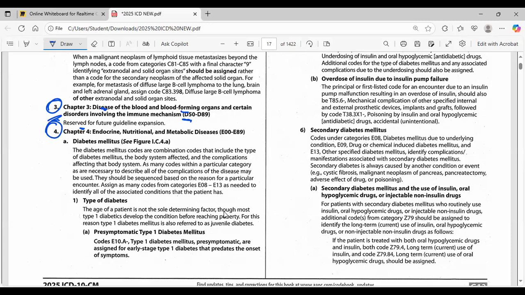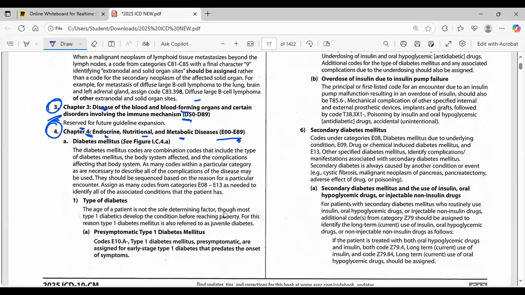Next we have chapter number 4, endocrine, nutritional, and metabolic diseases. Any condition of the glands, any nutritional conditions such as malnutrition, overweight, underweight, and metabolic diseases, vitamin deficiency, bone deficiency, we use a code from series E00 to E89.